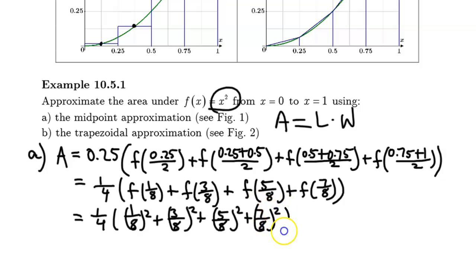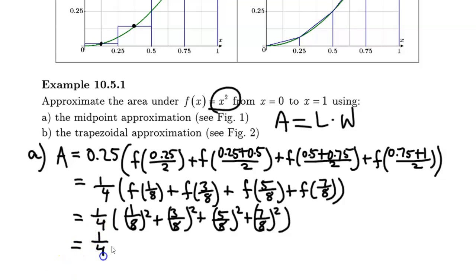And it's squared because that's precisely what the value of the function is at each of these midpoints. It's because it's y equals x squared, we're subbing in the x value at the midpoint of the base. That gives us the corresponding height of each rectangle.